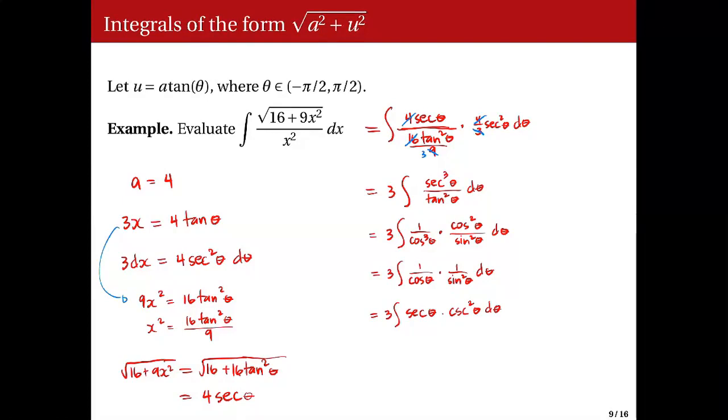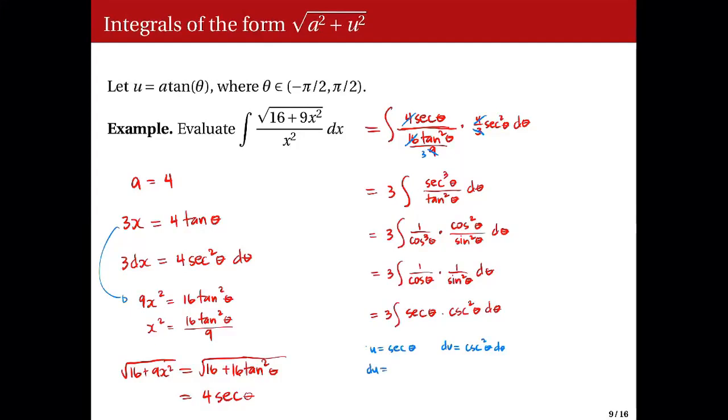And then we can do integration by parts. So let's have that trial. Say we let u be equal to secant theta, and dv equal to cosecant squared theta d theta.